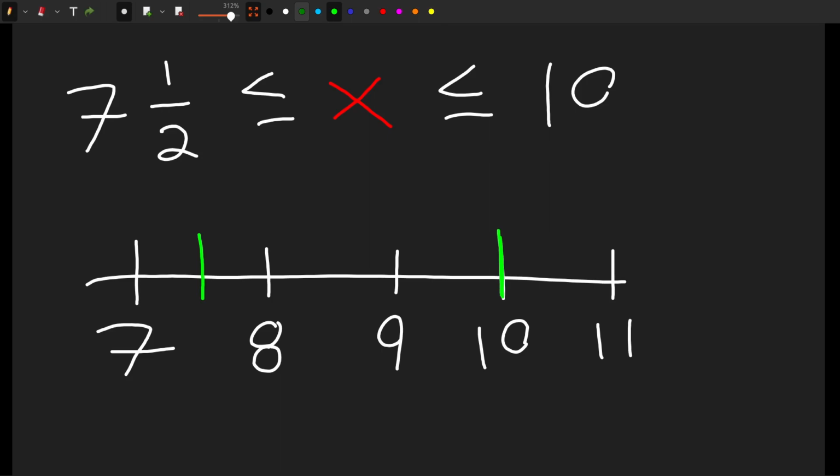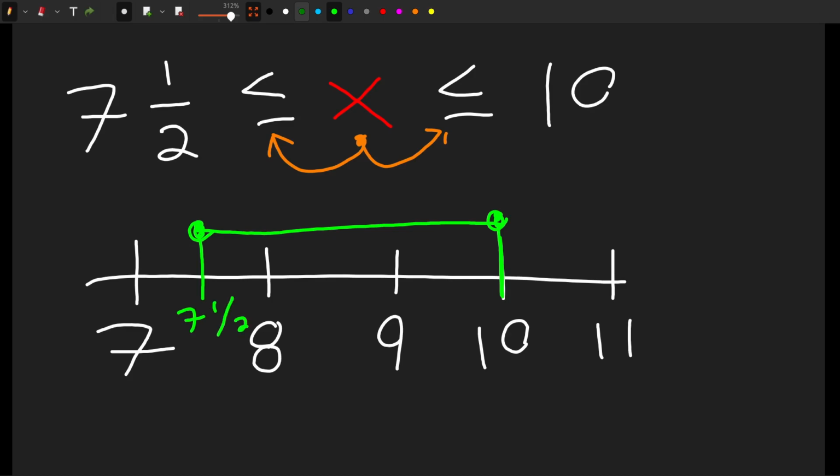And in this case, we're saying that x in the center here must be greater than or equal to 7.5, but must be less than or equal to 10. So in that case, it actually takes up this center area here, where it can include both 7.5 and 10. And just for notation, this is 7.5. Okay.